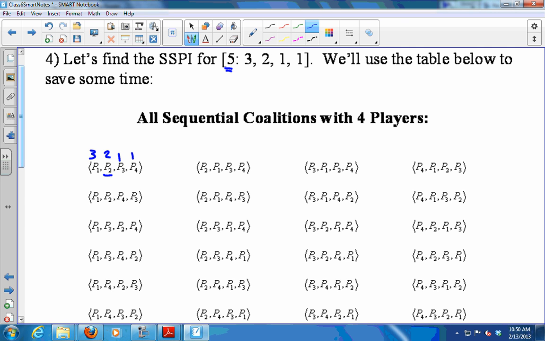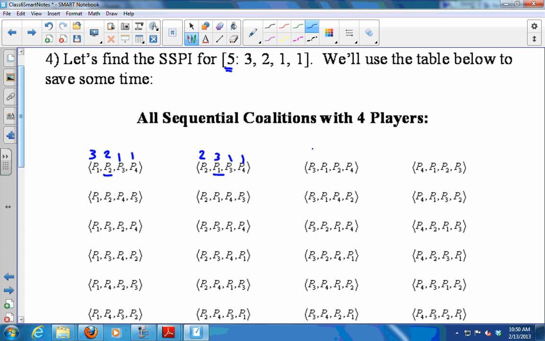So then I'll go to this one. Player 2, player 1, player 3, player 4. So player 2 has 2 votes, player 1 has 3, 1, 1. We start with player 2, not enough. Add player 1's votes. We have 5. Player 1's pivotal. Let's look at player 3, player 1, player 2, player 4.